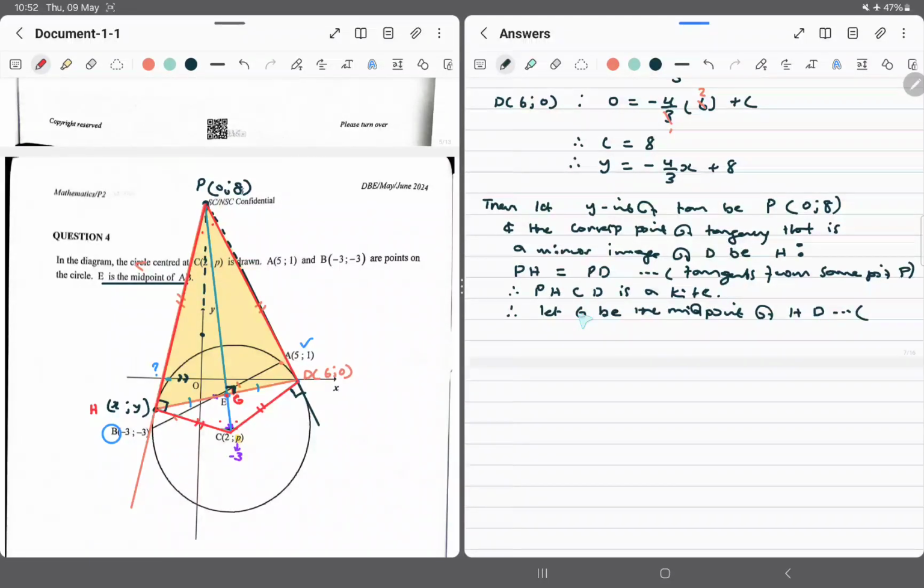Why? We know that the shorter diagonal is bisected by the longer.